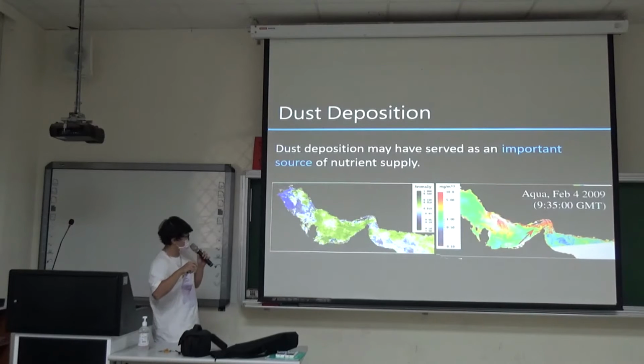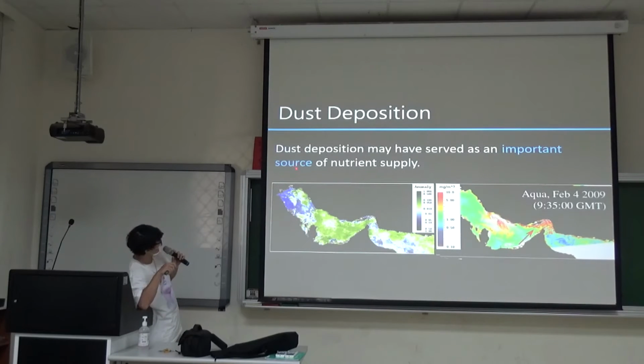And we can find that the dust deposition may have served as an important source of nutrient supply. You can see positive anomalies here along the coastline, and the chlorophyll a concentration is high too.